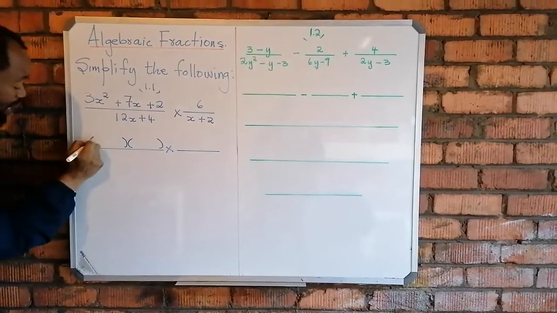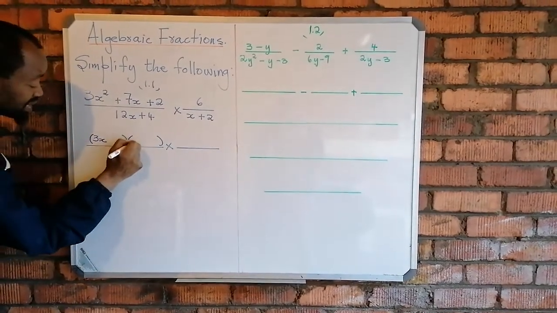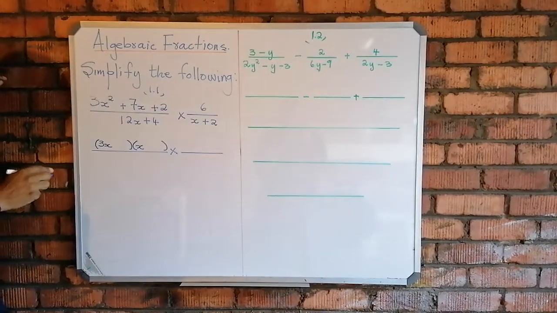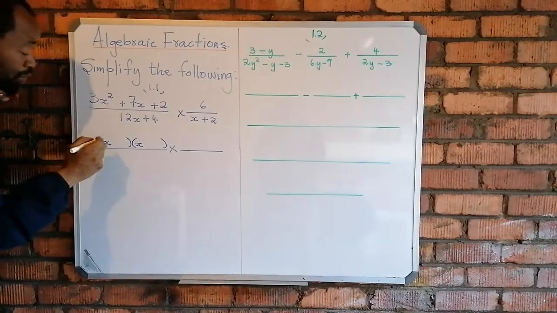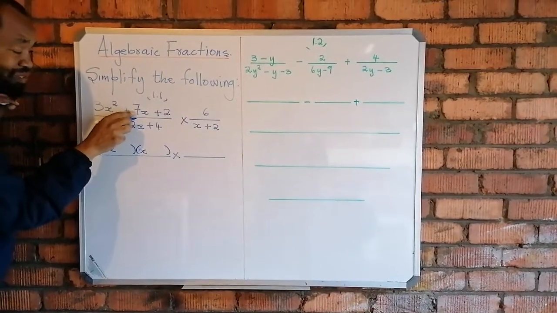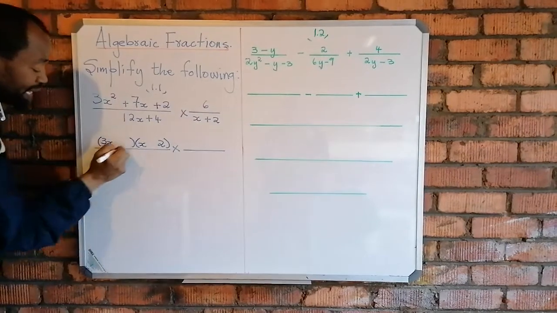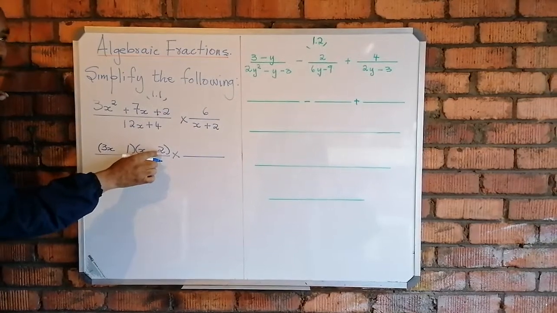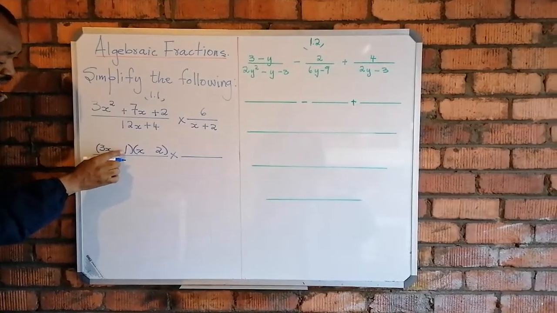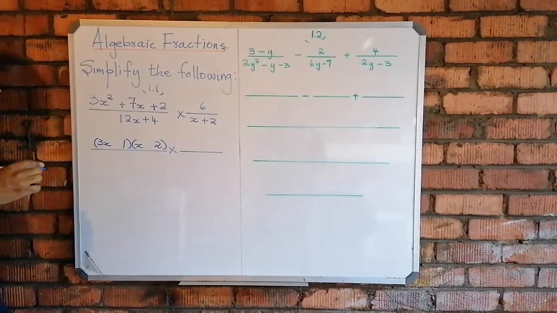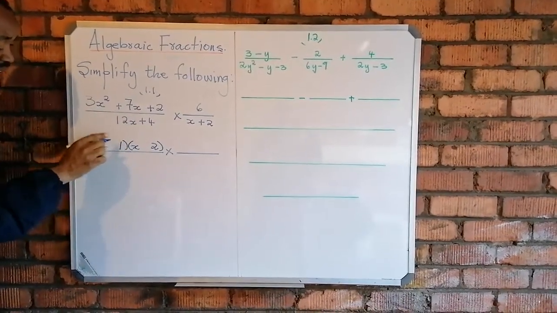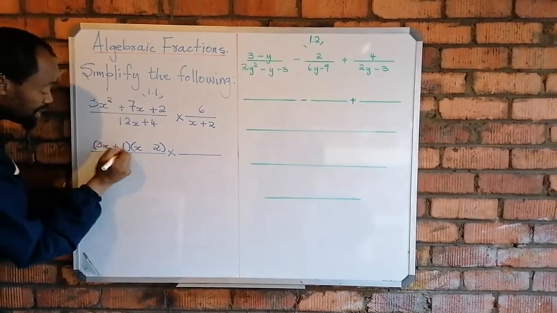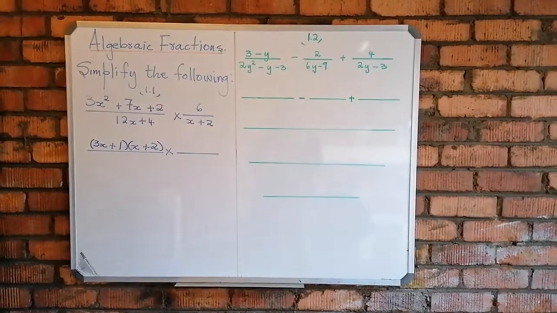Factors of 3x squared are 3x and x. Factors of 2 are 2 and 1. Now, if I want to get a 7, I must put a 2 there and the 1 here, so that when I multiply this and that, I get 6x. When I multiply this and this, I get an x. When I add 6x and x, I must get 7x. Now, that means it must be positive here and positive there.